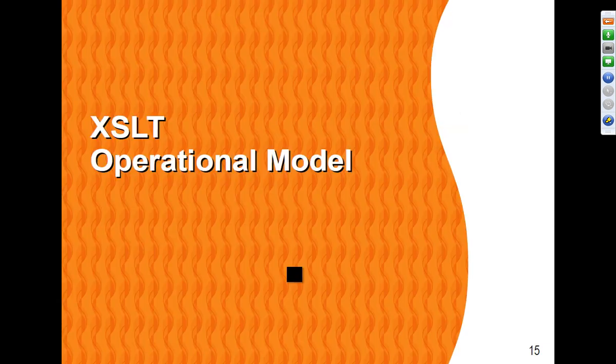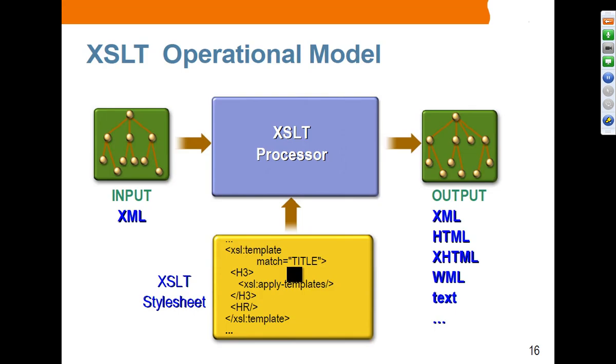Okay, so let's move on to the XSLT operational model. So how is XSLT performed? It's pretty straightforward. There are two pieces that are fed into the XSLT processor. First, the original input document, which is an XML document.